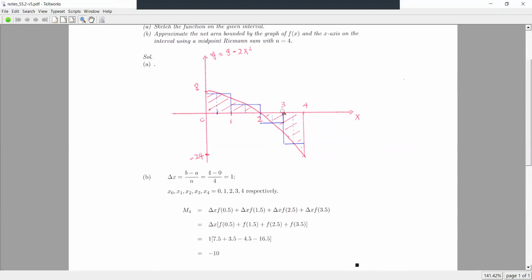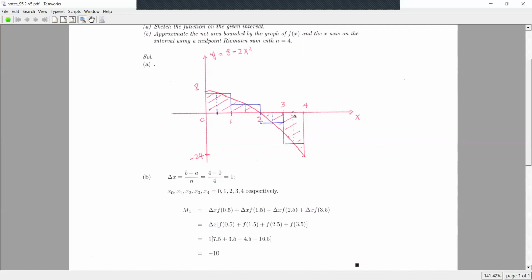For the third rectangle, between 2 and 3, pick the midpoint, 2.5. The function value at 2.5 is the height. Because the function value at 2.5 is negative, this rectangle lies below the x-axis.